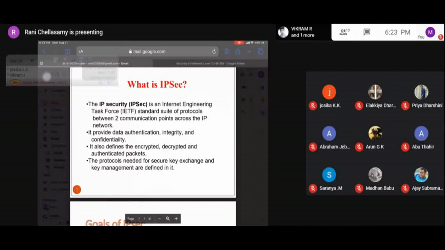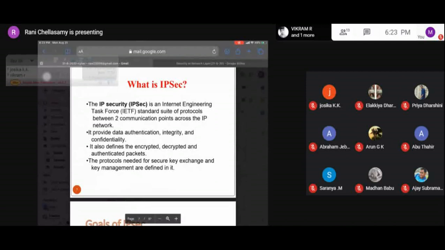With the help of this protocol, we can achieve or ensure authentication, integrity, confidentiality, and encryption. It also defines the encryption, decryption, and authenticated packets.